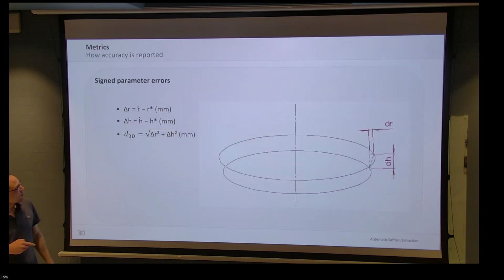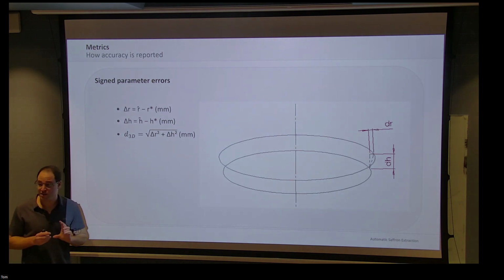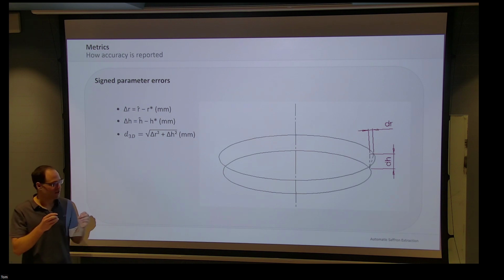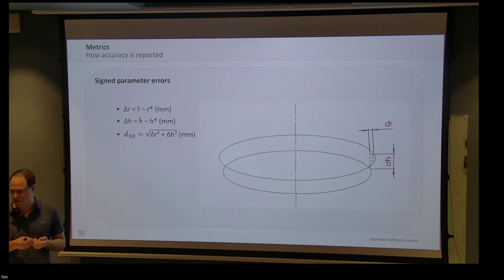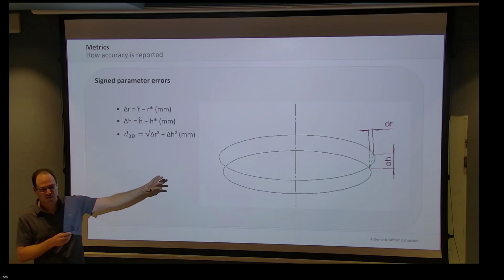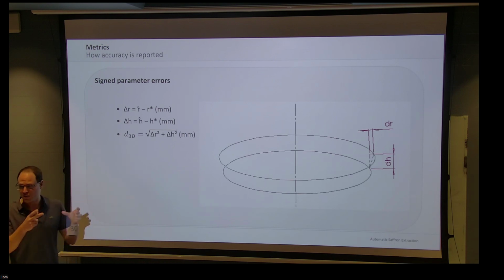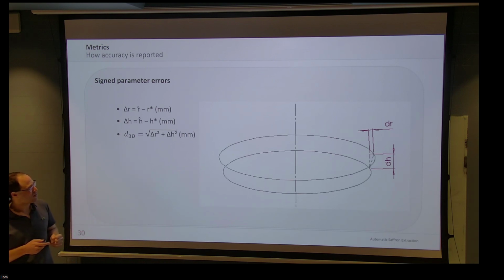Our metric is the Euclidean distance in the 3D space. We have delta R, the distance between the small radius of the ground truth and the estimated ellipse, and delta H, the difference in height estimated by the algorithm, and we take the Euclidean distance.